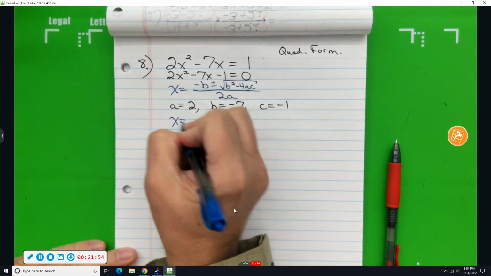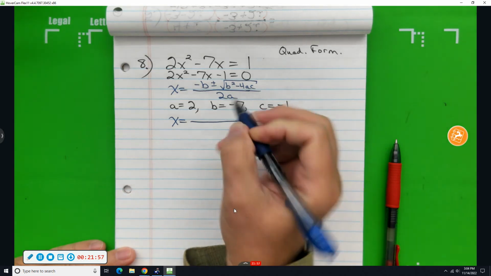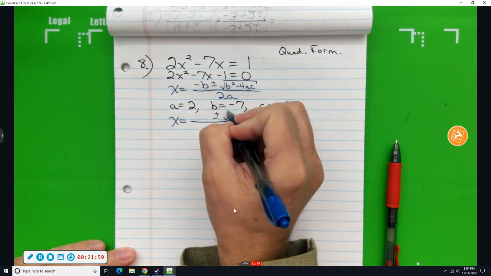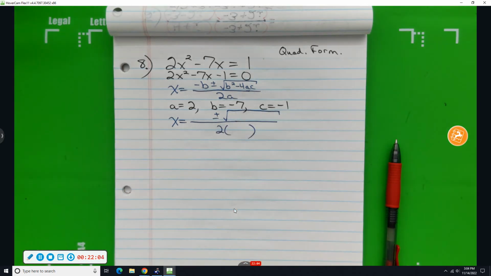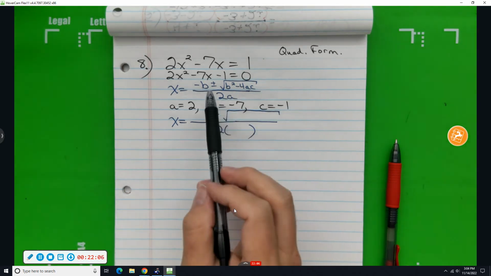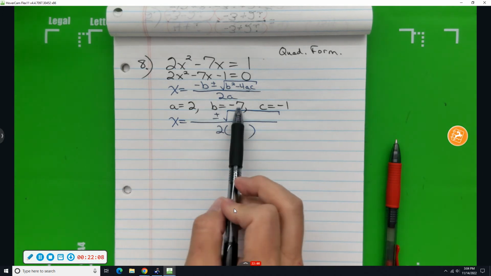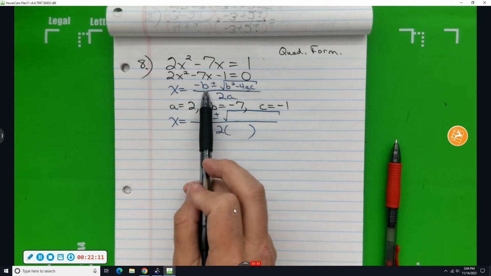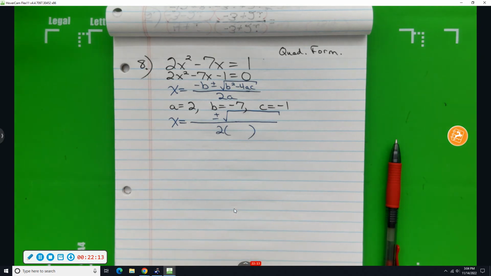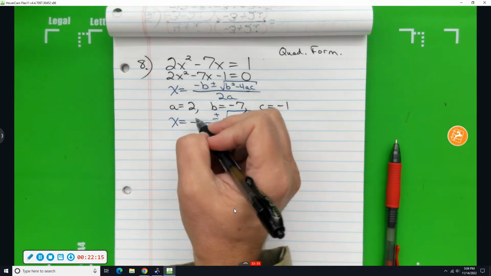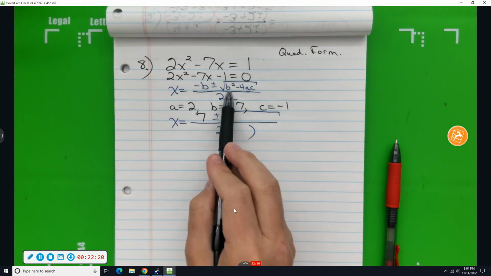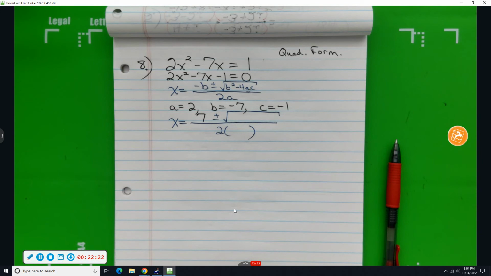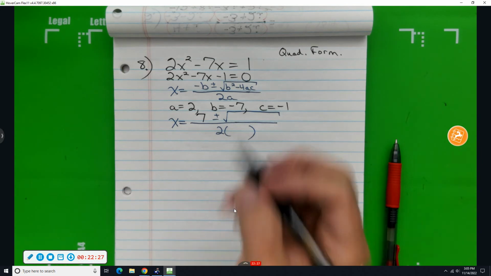So, we're going to plug into the quadratic formula. The opposite of b, the opposite of negative 7, you're changing the sign on negative 7 to get a positive 7. B squared, negative 7 times negative 7 is positive 49.